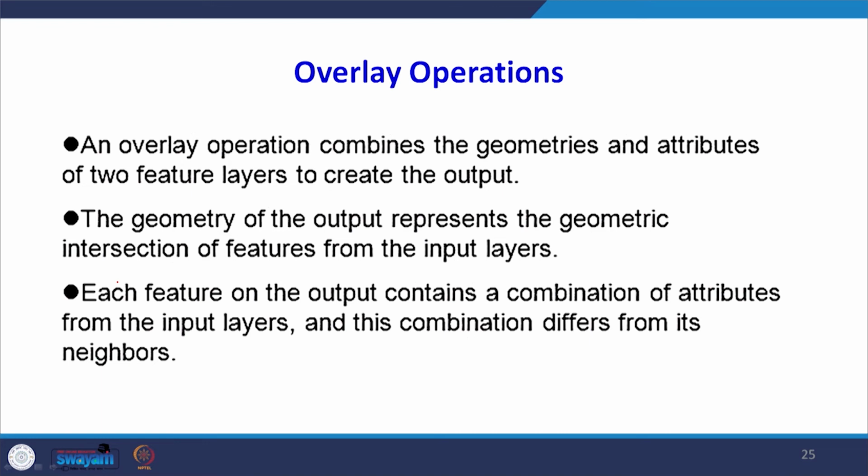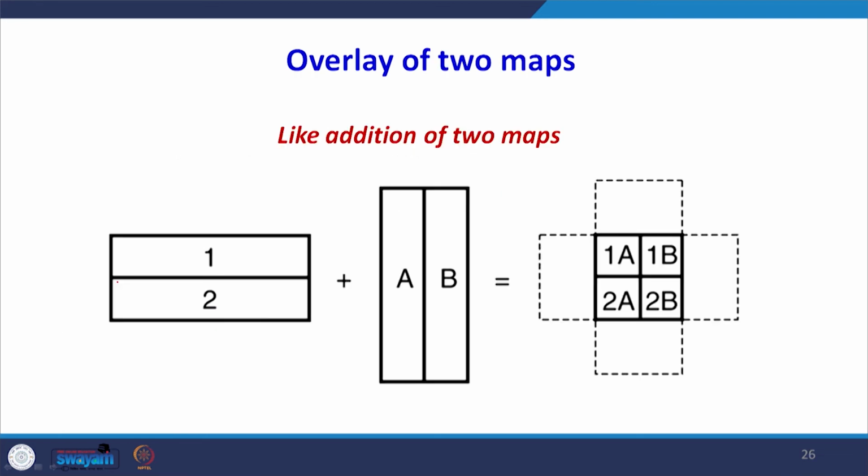So you can overlay point features over line features over polygon features. Here see the overlay of two maps. There is one map which is horizontally oriented, and another map which is vertically oriented, covering a different area. If I superimpose these two maps, the addition of the two maps, superimposing is like just an addition activity.